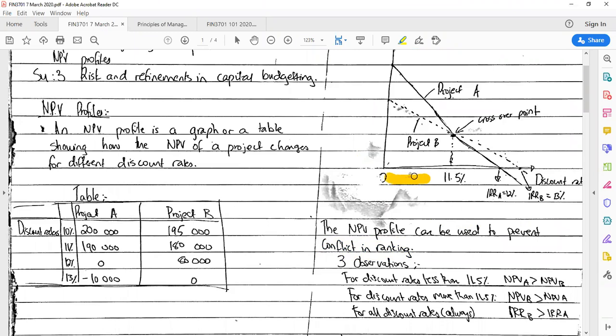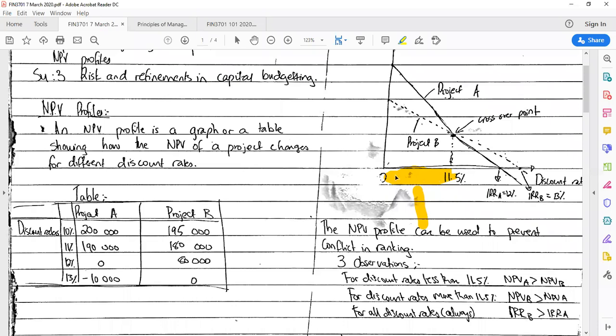Let's say we use a discount rate less than 15%, maybe a discount rate between 0 to 15%. Let's say we use a discount rate of 9% to discount our NPV, a discount rate less than 11.5, let's say 9%.